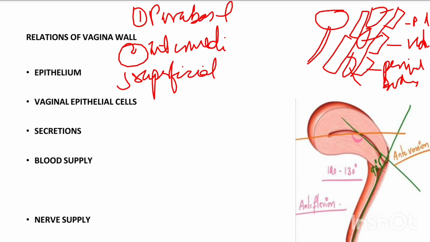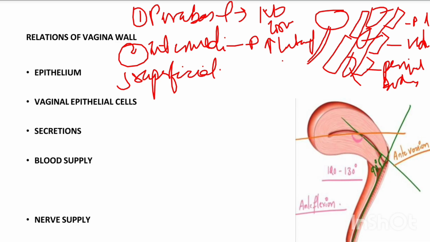Parabasal cells are maximum when there are no hormones, or you can say in the menopause stage, because there is no progesterone and no estrogen. Intermediate cells are present when progesterone hormone is at peak, or in the luteal phase of the menstrual cycle, where the corpus luteum dominates and produces progesterone. So in this phase intermediate cells are present.